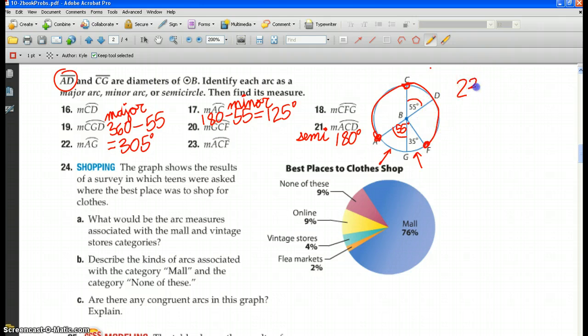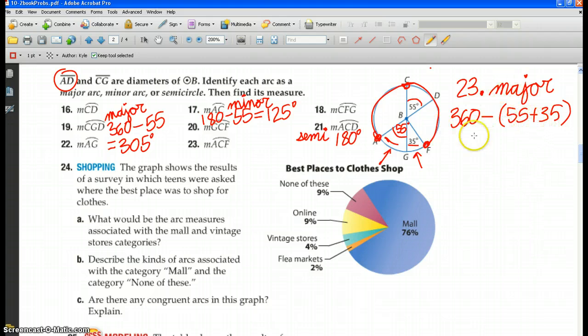So number 23, I'll write that right over here. It's obviously a major arc because it's greater than 180. To find its measure, we want to take the entire circle and subtract the two parts, AG and GF, that we don't want. So minus 55 and 35, which add up to 90. So we have 360 minus 90, or 270 degrees.